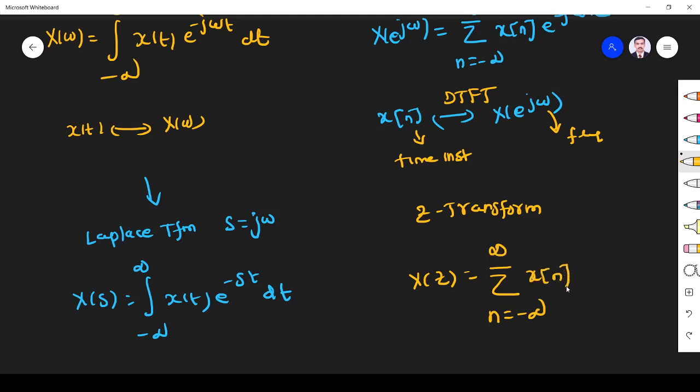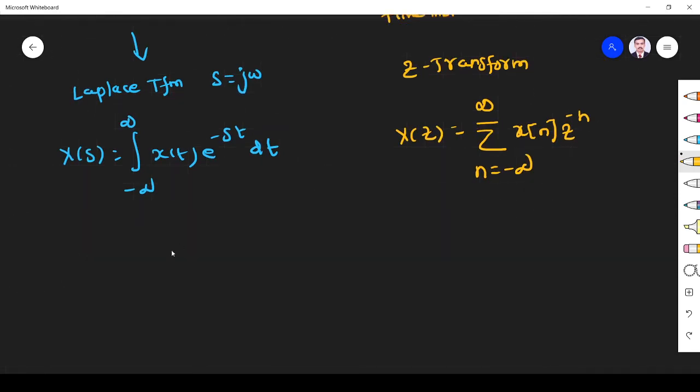X of n z power minus n. Fine. So this is the z transform. Here you see what it will do. It will convert time domain signal into s domain signal, Laplace transform. Z transform converts time domain signal into z domain signal, X of z.